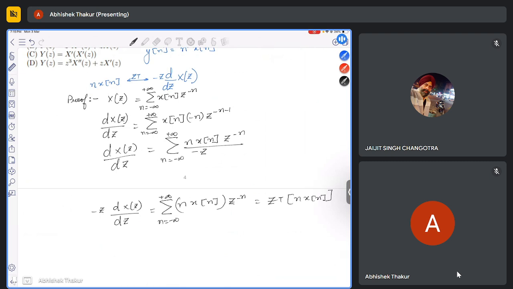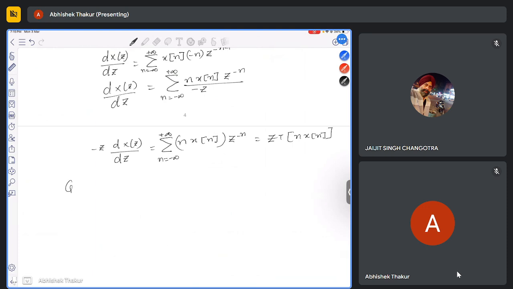And the generalized form of this result is: n to the power of k x[n] will have the z transform as minus z to the power of k times the derivative of order k of X(z).